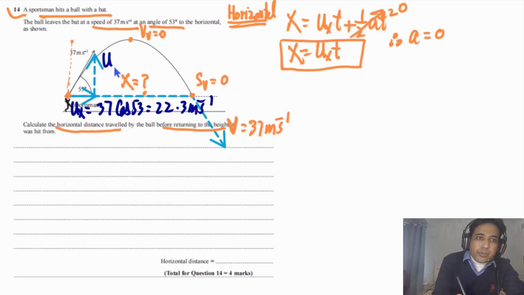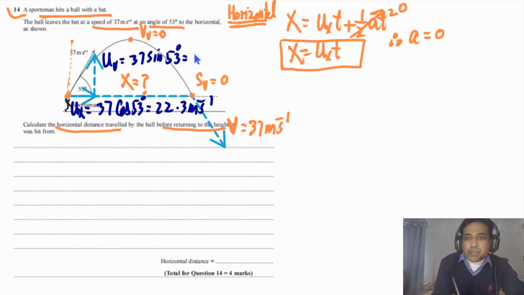And the vertical component of the initial velocity will be equal to 37 sine of 53 degrees, and if we solve this one, we will get 29.5 meters per second.